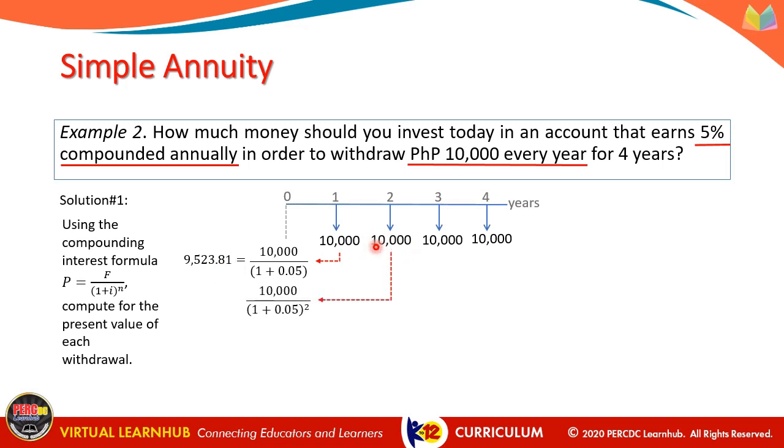This 10,000 pesos at the end of second year, when brought to time equal to 0, will have a value equal to 10,000 over (1 plus 0.05) squared. That is equal to 9,070.29. We're just using this formula.